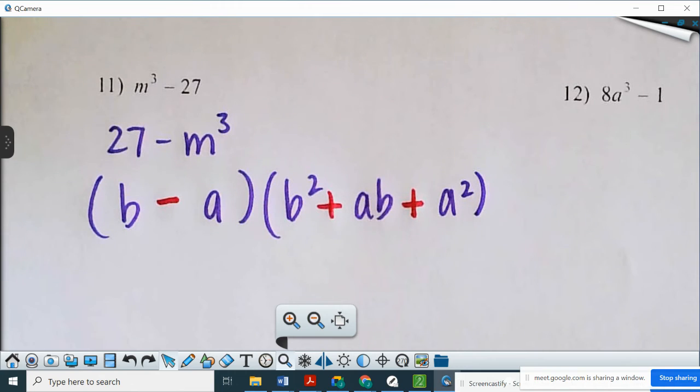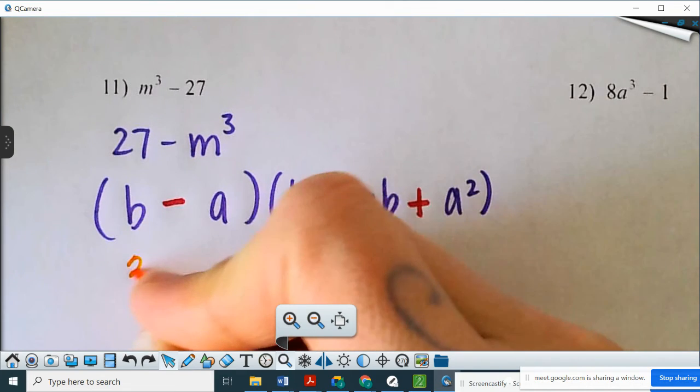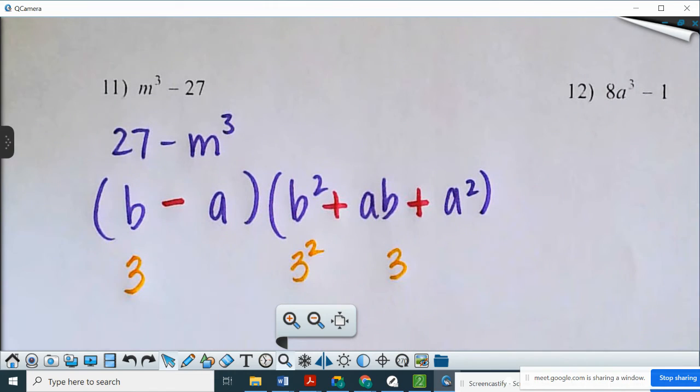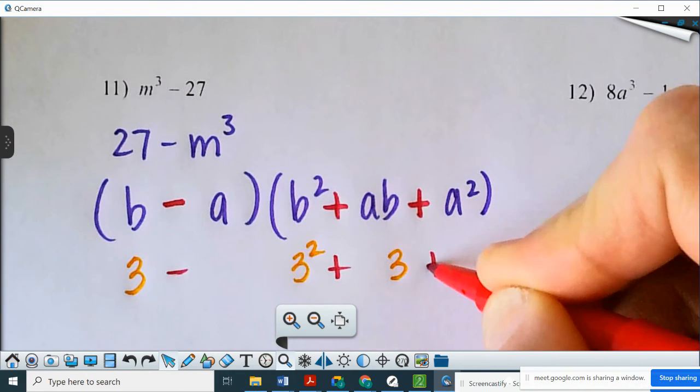And we know that the cube root of 27 is 3, and that's my A value. I'm sorry, that's my B value. 3 squared, 3, because A is always attached to the variable. M cubed, we have minus, plus, plus.